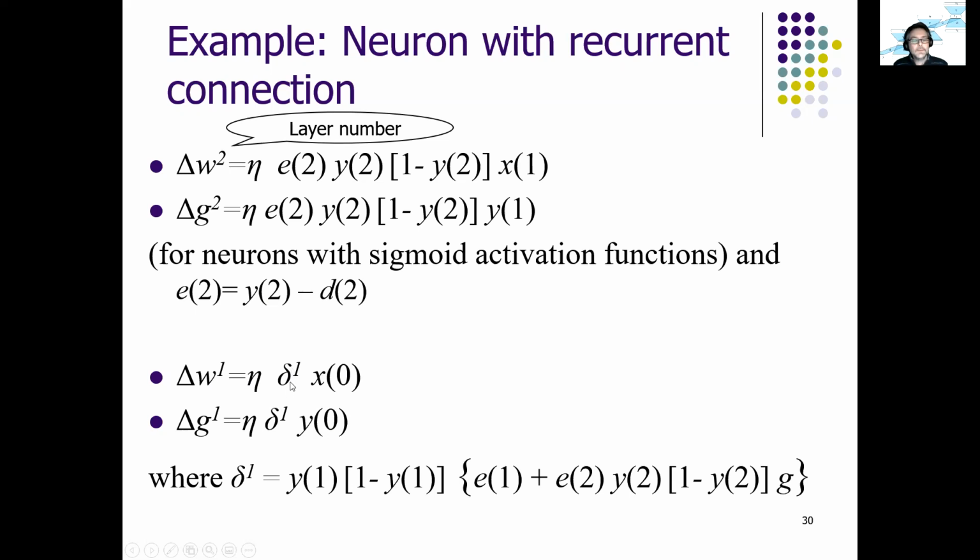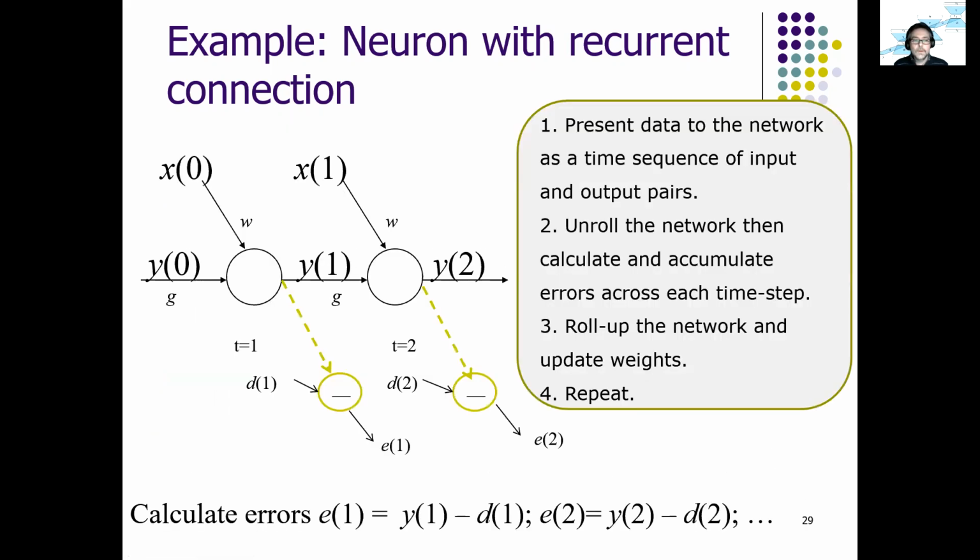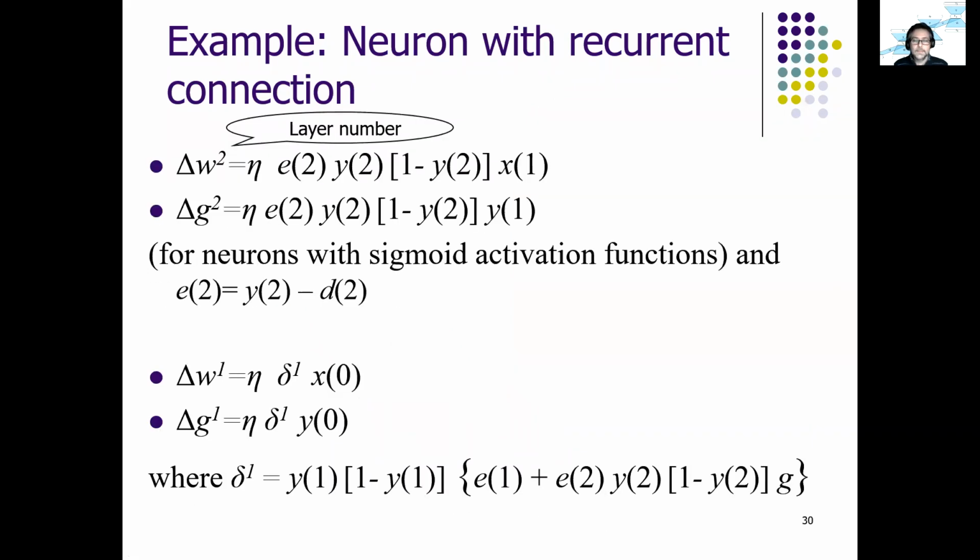And this is multiplied with this parameter delta, and you can see the delta here. It's much more complicated. It takes into account the activation of the node at time 1 and the errors, etc. And remember, this is a linear node, so there is no non-linear activation function here to make things simple.